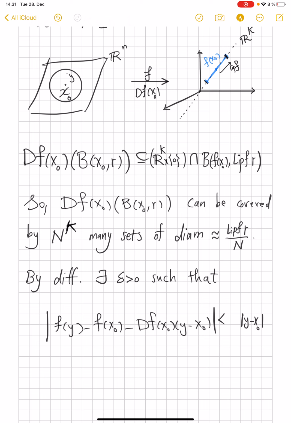So there will be some delta such that this will be less than, say, 1 over n. Okay, let's put this 1 over n here, for all y such that y is close to x0 by delta.